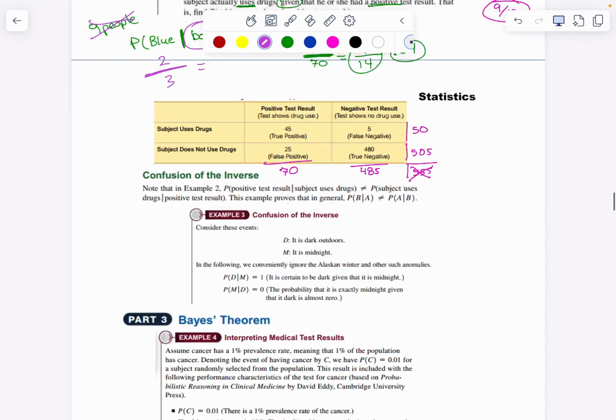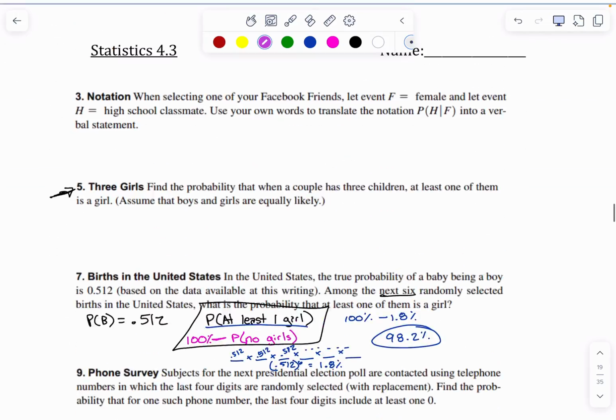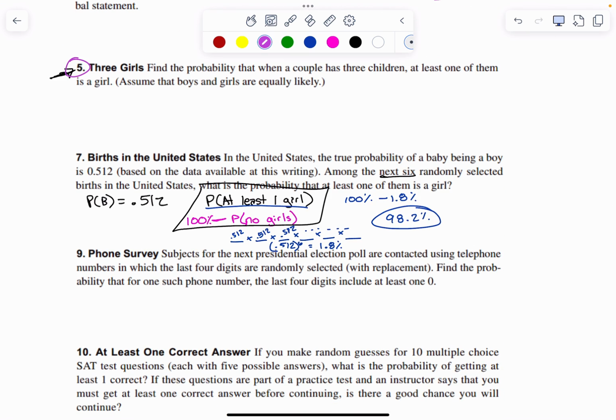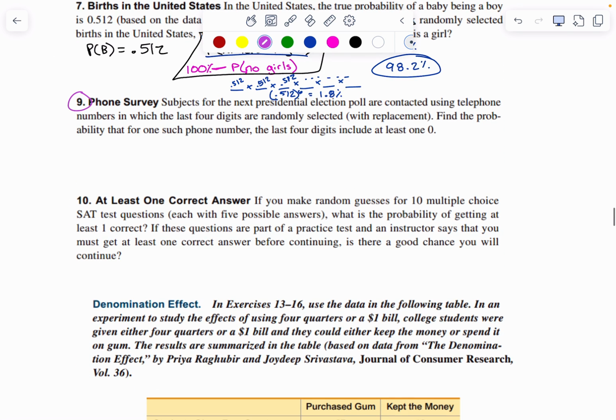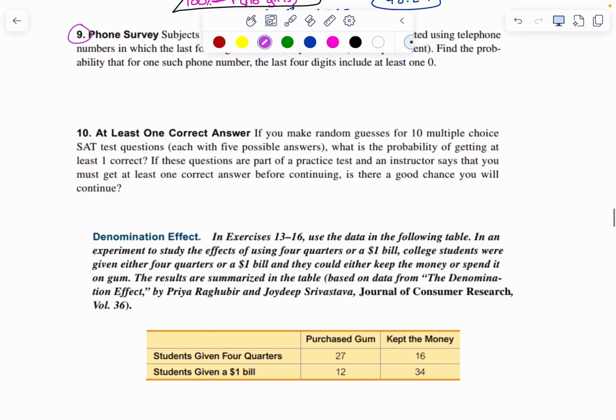All right, there you go. We'll stop. You should be able to do number 3, I think, because that has the given in there. Number 5, you should be able to do. Number 7 is already done. Number 9, you can try. This is a tricky one. It says with replacement.